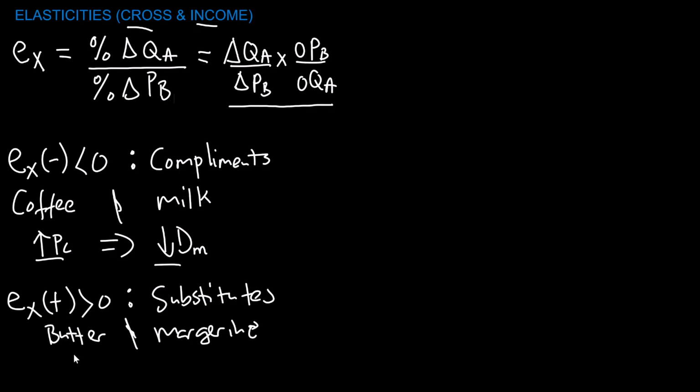In this instance, if the price of butter goes up, the quantity demanded for butter is going to go down from the law of demand. And hence, people are going to buy more margarine. Hence, the demand for margarine is going to go up. You see, there's this positive relationship where the price of butter is going up, the demand for margarine also goes up.